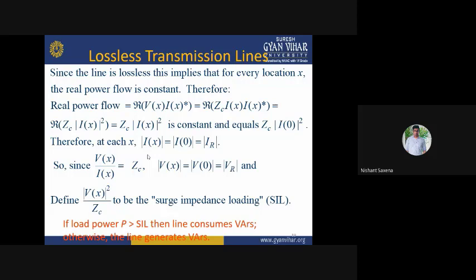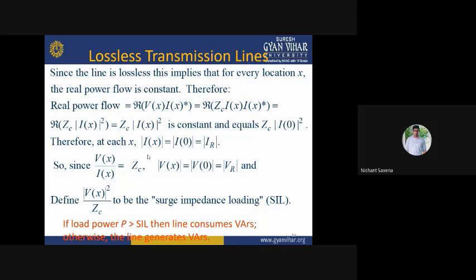Surge impedance loading means the amount of real power loaded on the system when the losses in the transmission line are zero, that is, for a lossless transmission line. If the load P is greater than the surge impedance loading, the line consumes reactive power. Otherwise, the line generates reactive power.